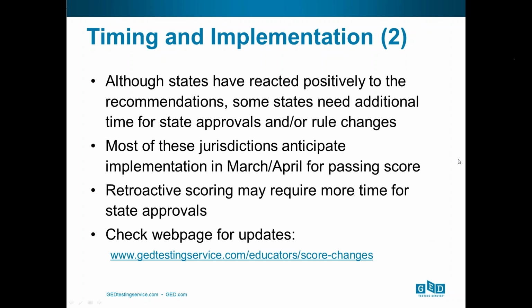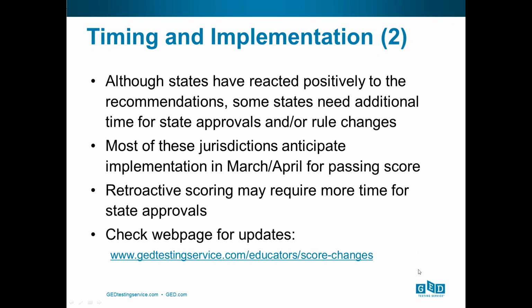Many of the jurisdictions involved anticipate being able to implement in the March-April timeframe for the revision to the passing score. There are others who want to have a more robust discussion and a weighing of the recommendation for retroactive scoring. And that may be an aspect of the program that may take a little bit more time for state approval in some jurisdictions.